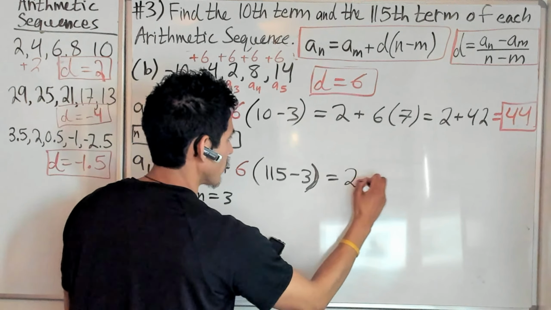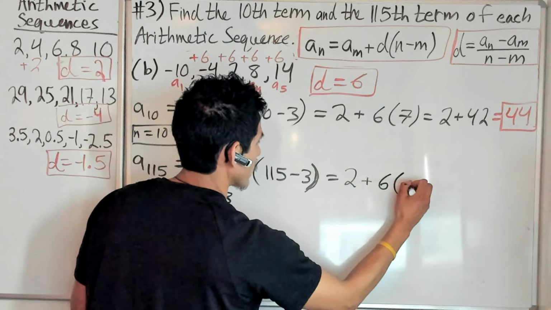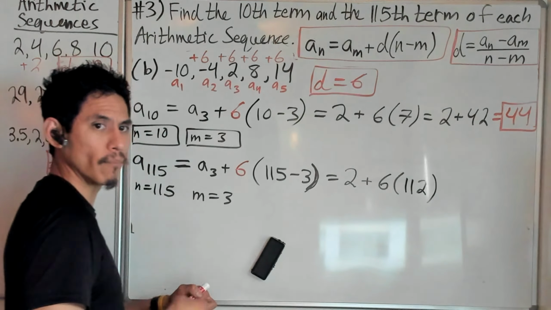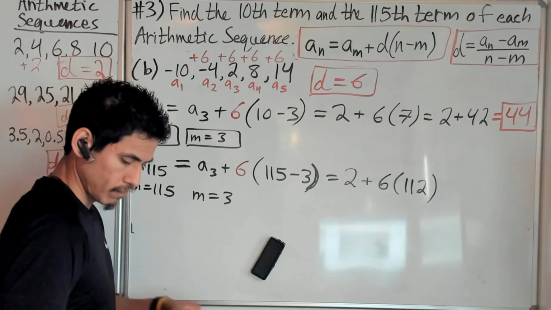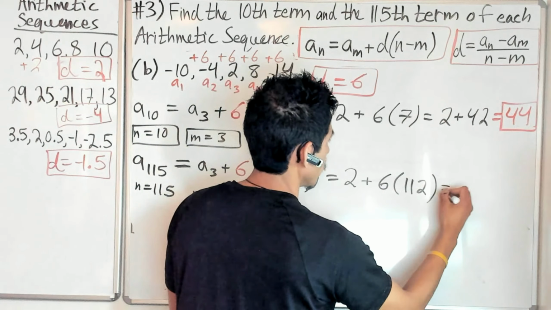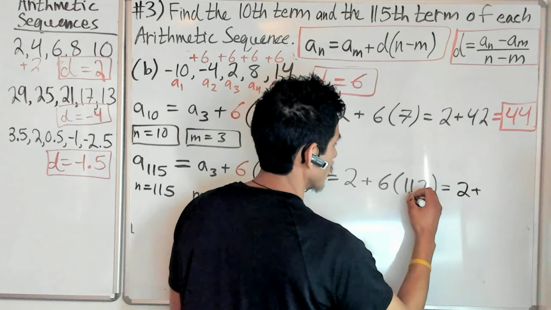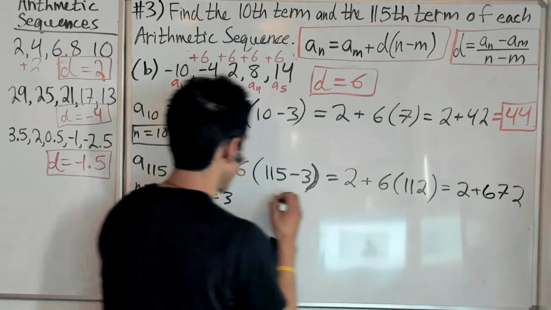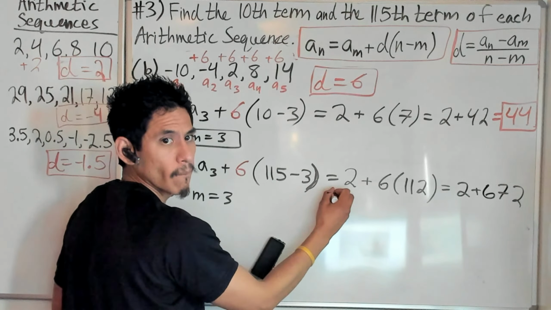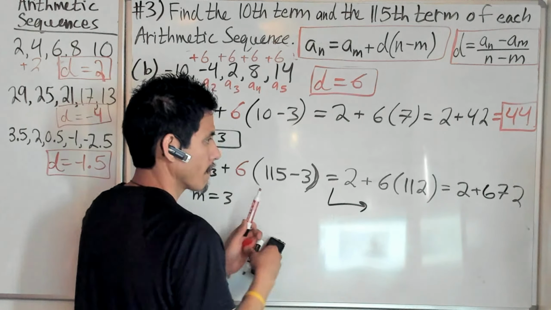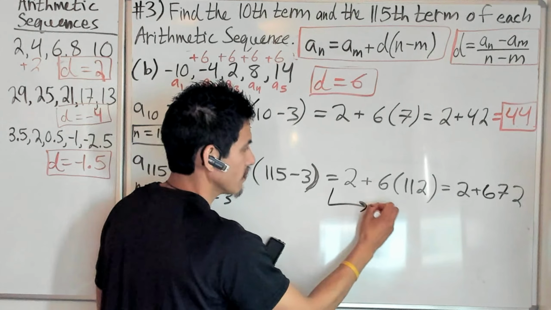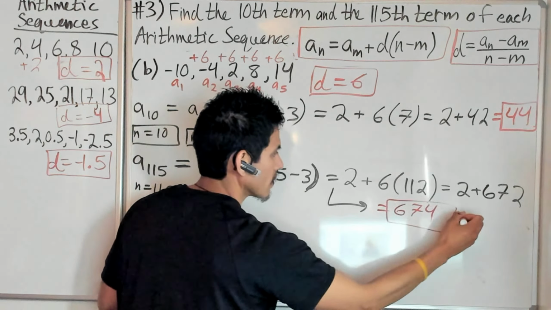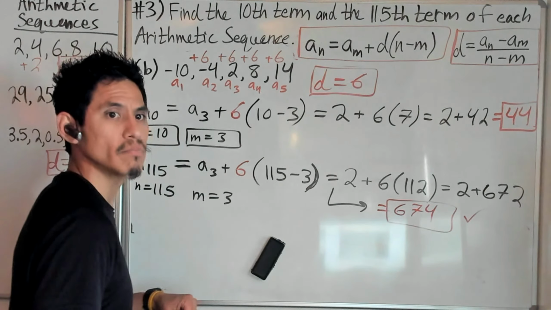So we're going to have 2 plus 6 times 112, which is 2 plus 672, and that gives us 674. All right. Simple.